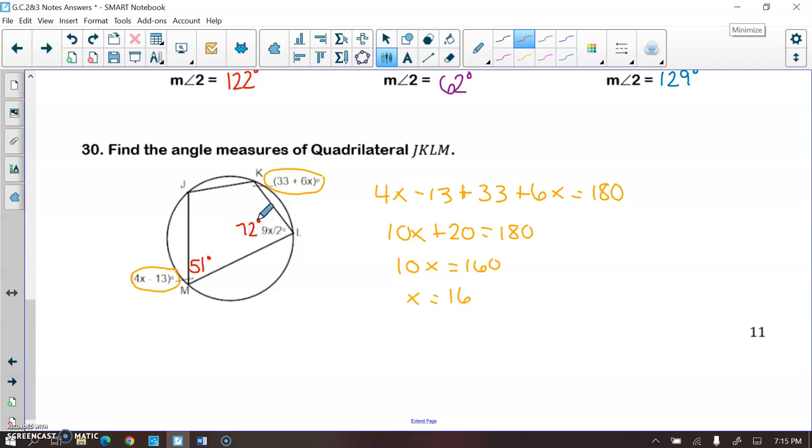Angle K, 33 plus 6 times 16 would give me that that angle is 129 degrees. And my last angle would be supplementary to the 72 degree angle since they're opposite angles. So 180 minus 72 leaves me with this angle being 108 degrees.